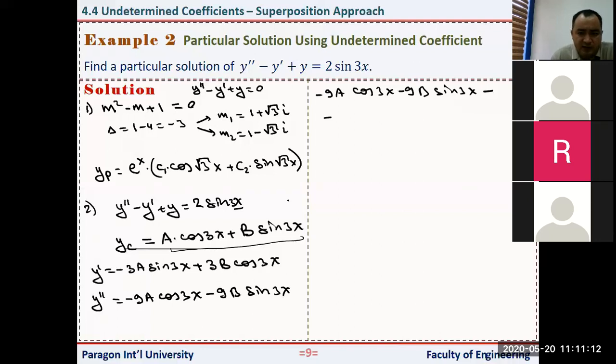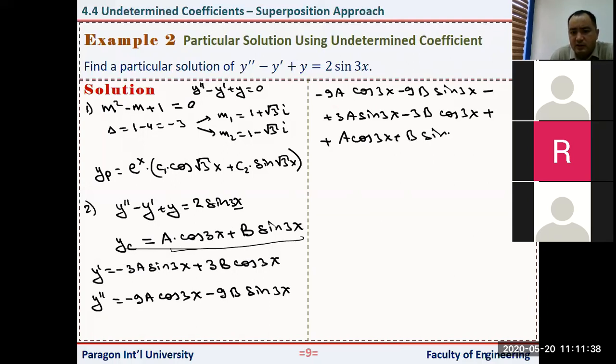So when it's minus, here we have plus 3a times sine of 3x, and minus this, it is minus 3b cosine of 3x, right? And plus, we have y. What is y? y equals this. That is a times cosine of 3x plus b times sine of 3x. And on the right hand side, we have 2 times sine of 3x.